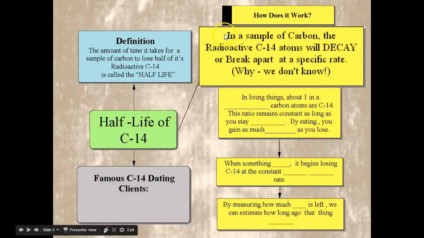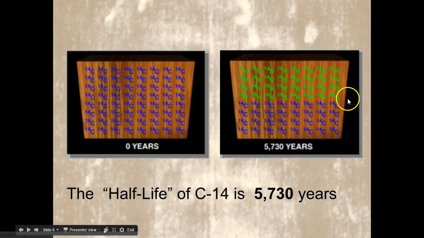So how does it work? In a sample of carbon, the radioactive C14 will decay or break apart at a specific rate, and we don't really know why it's the rate that it is, but we do know what the rate is. So this is sort of my connection to our activating activity, where you're looking at the picture of the dead pig.